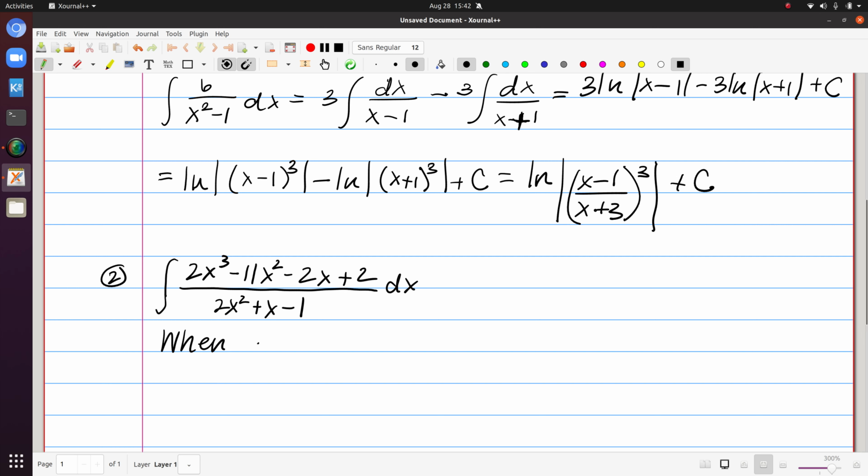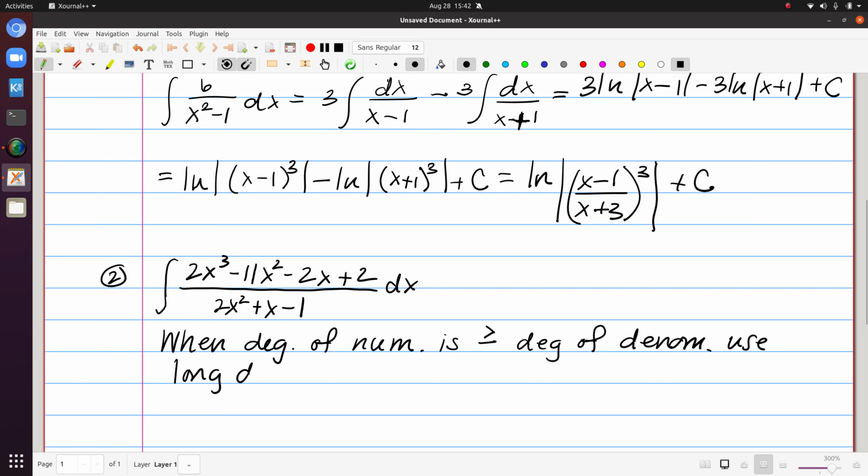So I'll point that out. When the degree of the numerator is greater than or equal to the degree of the denominator, what we have to do first is use long division to rewrite that integrand.